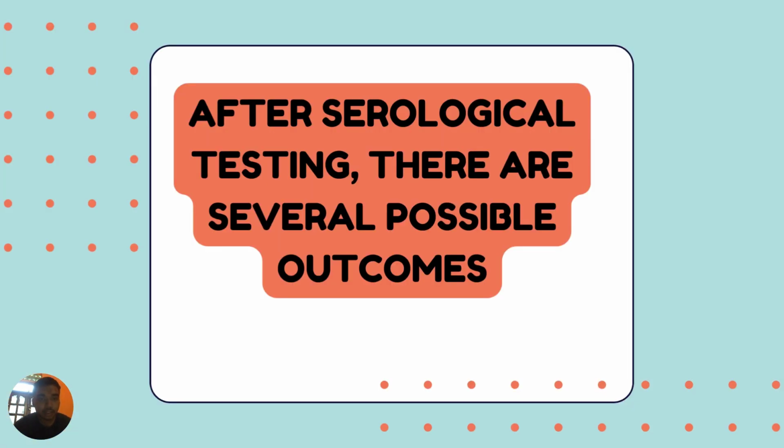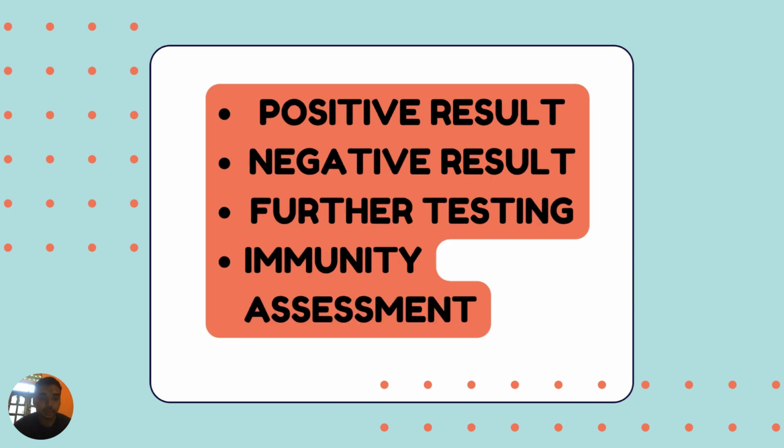After serological testing, there are several possible outcomes. First one is a positive result. A positive result indicates the presence of specific antibodies in the blood, suggesting past exposure to the infection or disease. Depending on the situation, this may mean the person has developed immunity. Next one is a negative result.